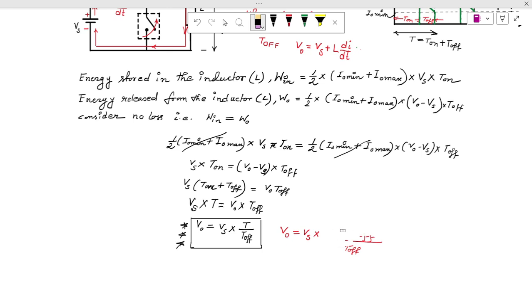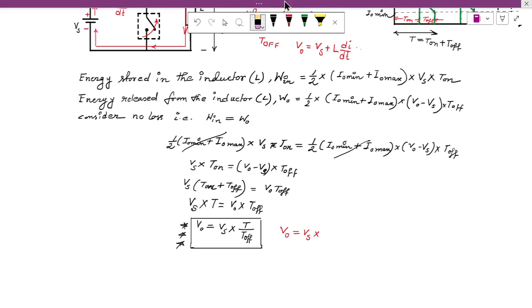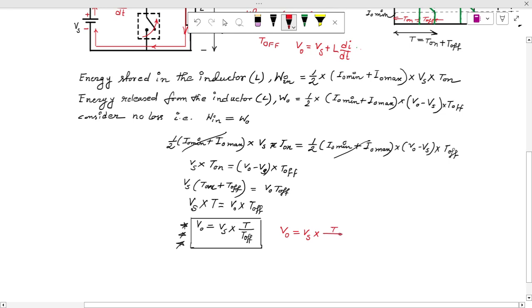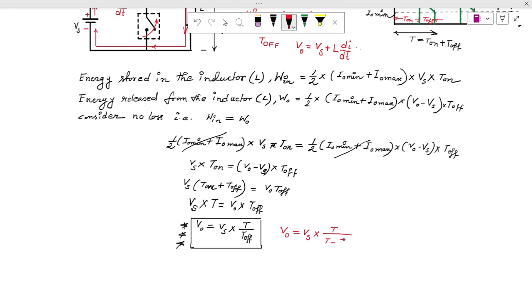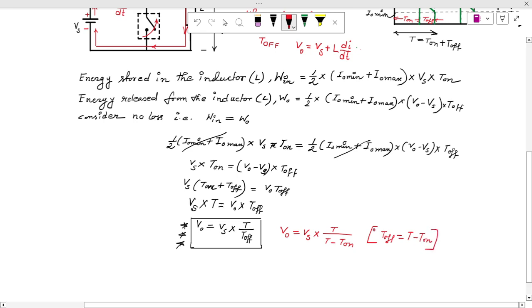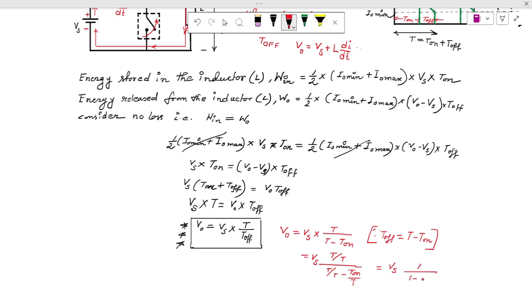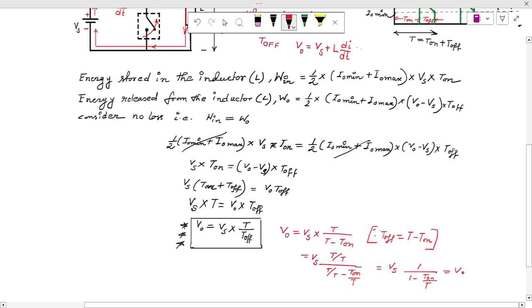If we consider Vs into T by T off, meaning T minus T on, because we know T off equals T minus T on, now divide numerator and denominator by T. So T by T, and T on by T, or in simplified way Vs into 1 by 1 minus T on by T. Now T on by T is equal to alpha.